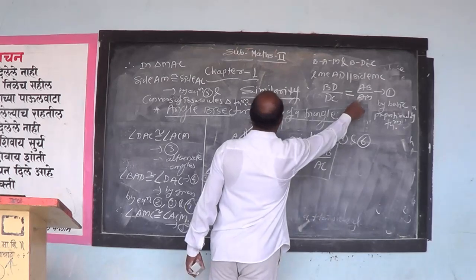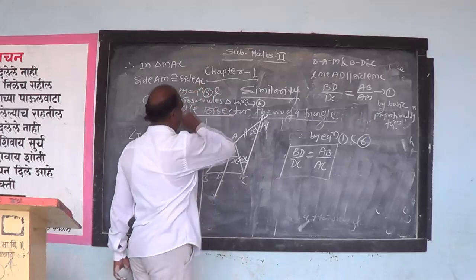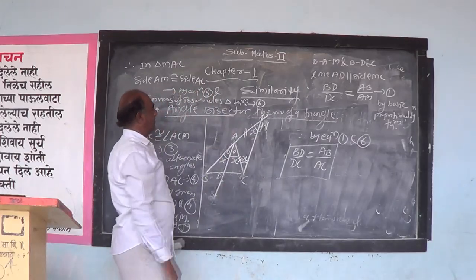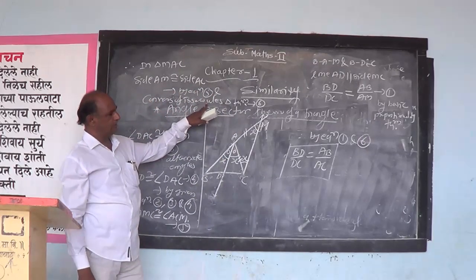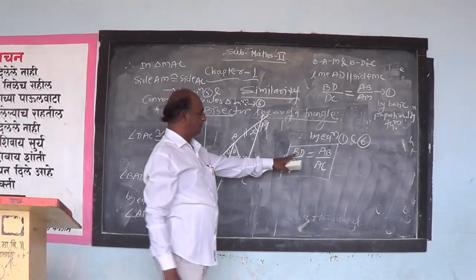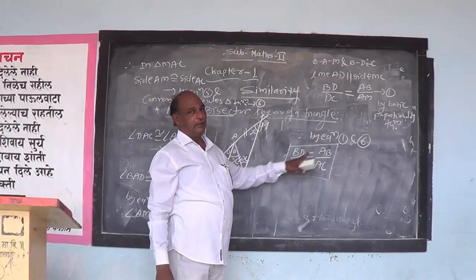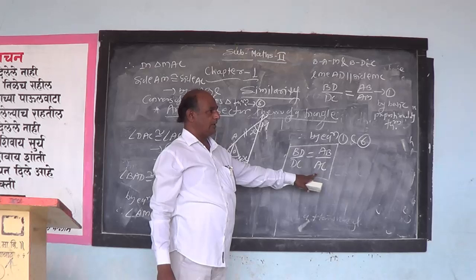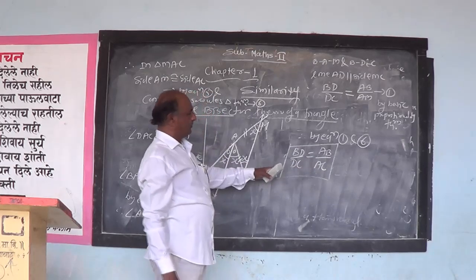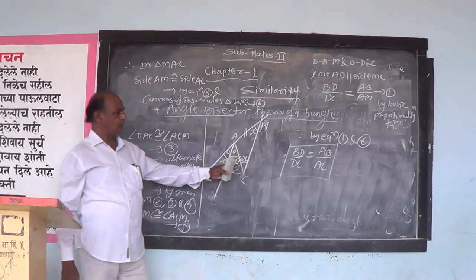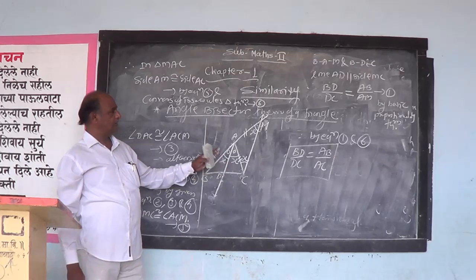Meaning, put the value of AM as AC in the first equation by equation number 6, and we get the relation BD upon BC is equal to AB upon AC. In this way, we have proved this theorem.